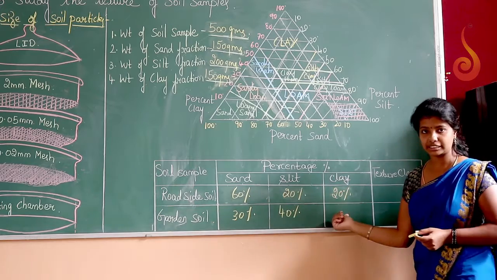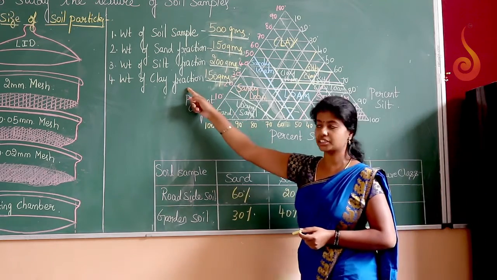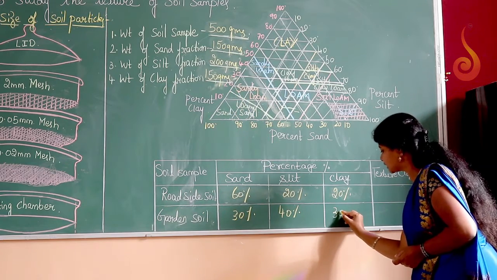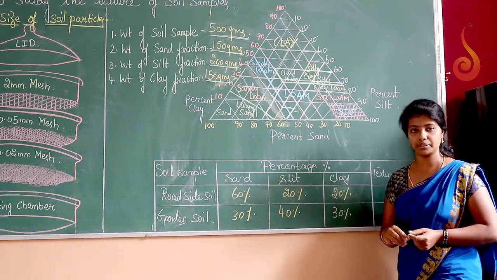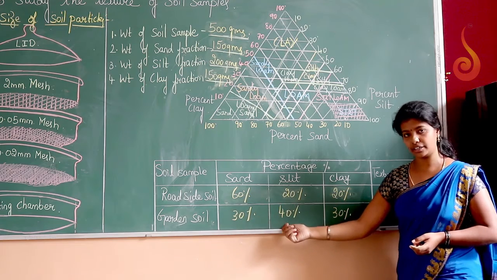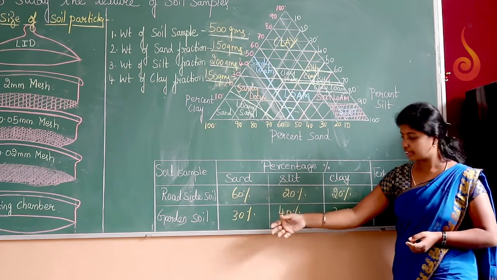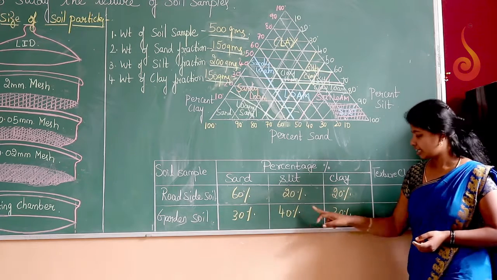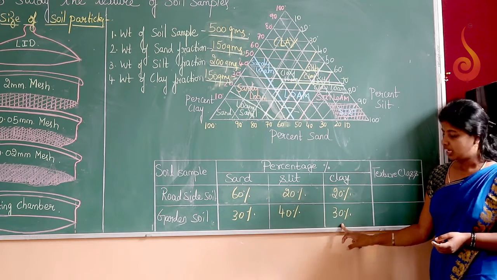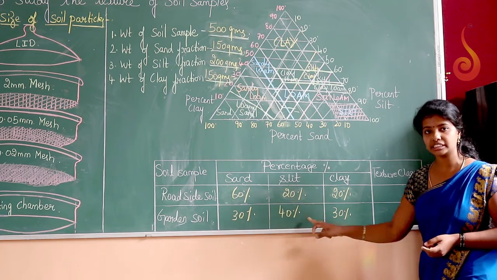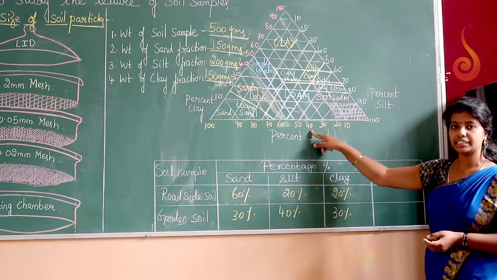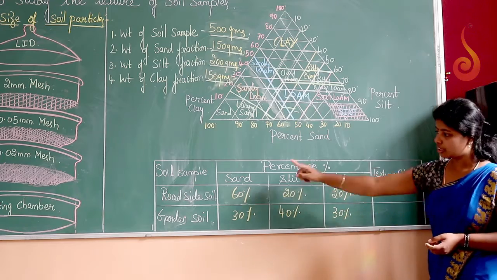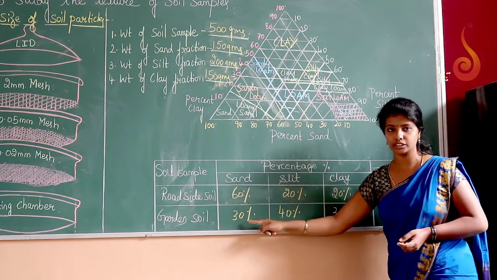Next, the weight of the clay fraction is 150 grams, so the percentage of clay present will be 30%. So in garden soil, as we have measured, it is 30% sand, 40% silt and 30% clay. Now by studying the percentages with reference to the texture triangle, we can determine the texture class of both the roadside soil as well as the garden soil.